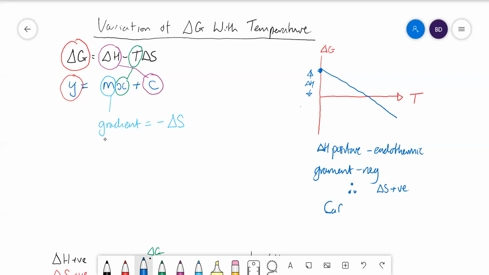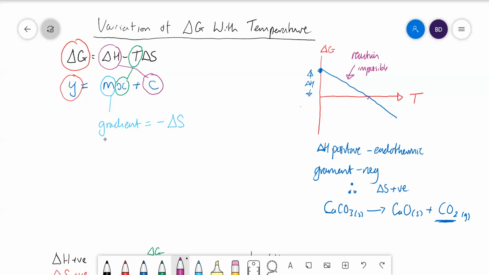Calcium carbonate went to calcium oxide and CO2. So that was an endothermic reaction, but the entropy change was positive because we're making this carbon dioxide gas. So we can see here in this part of the graph, the reaction is impossible. At low temperatures, no, it's not going to happen.